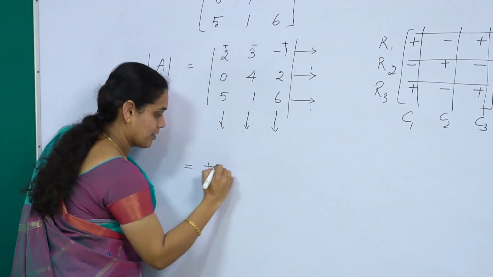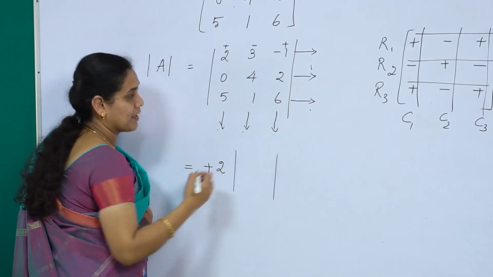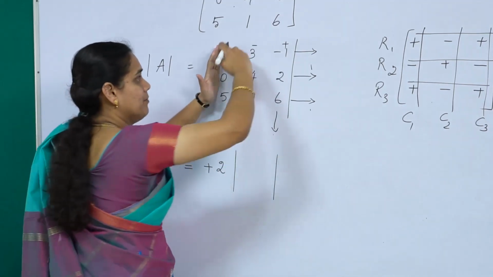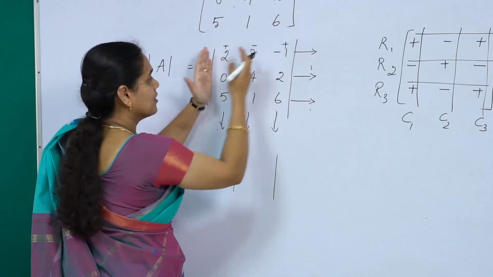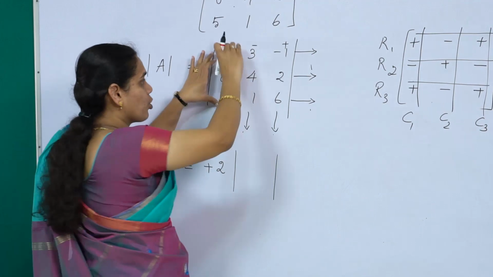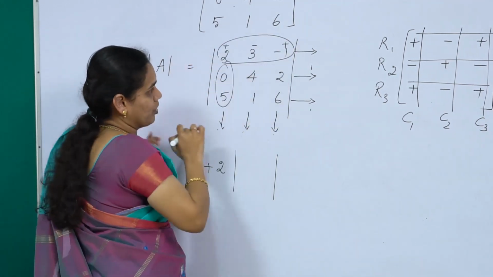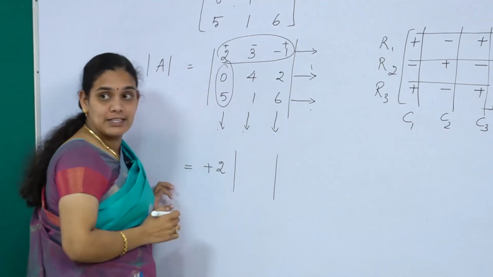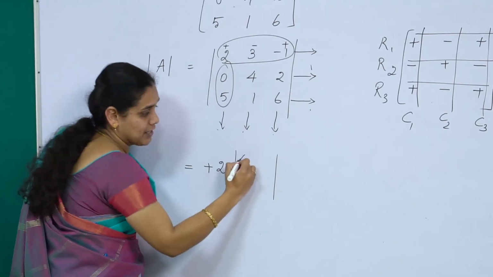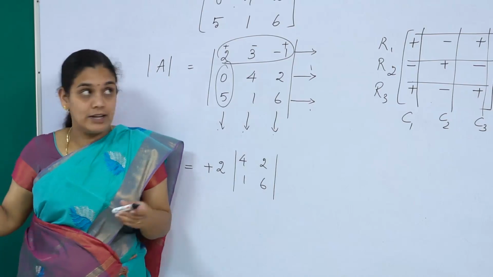Plus 2: we take that element and delete the column and row where it is present. So you delete this row and this column. We have 4 remaining elements, so you can form a 2 by 2 determinant: 4, 2, 1, 6.